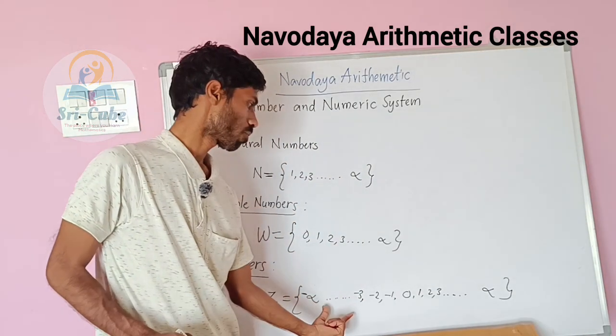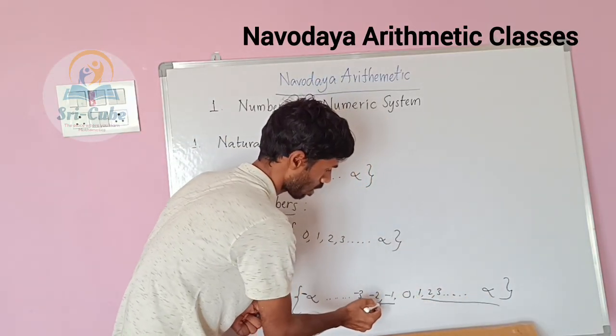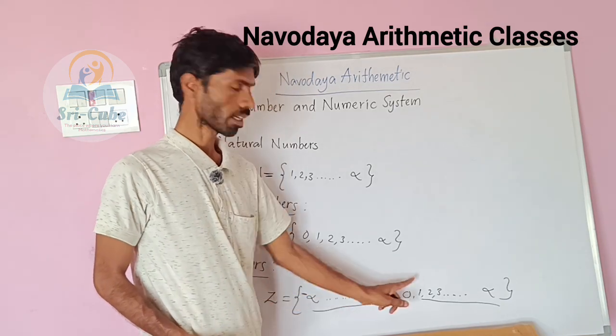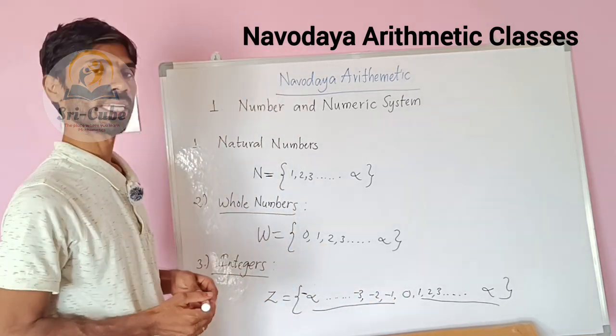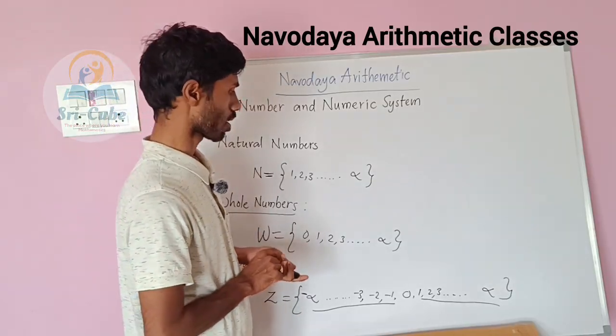So all positive and all negative numbers, including 0, are called integers.